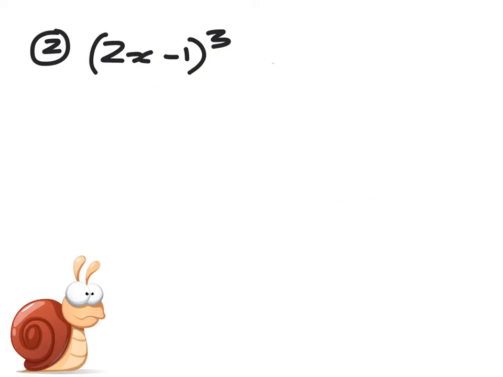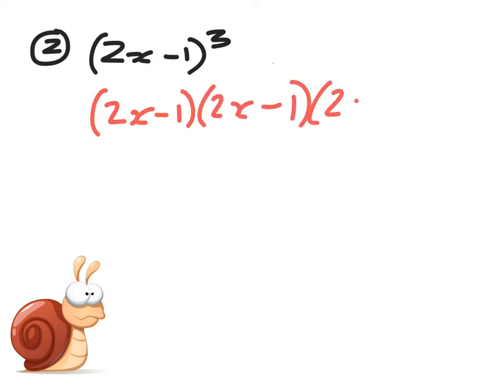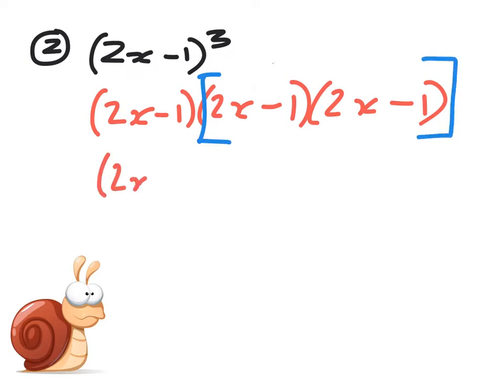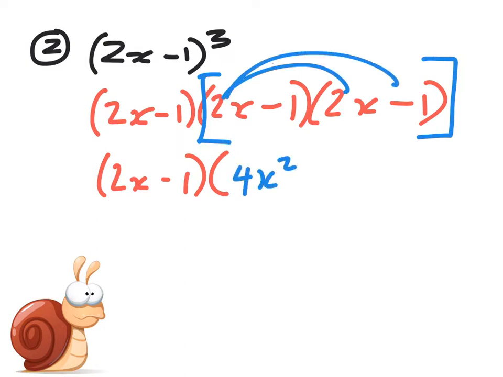Question 2, remove the brackets. So first of all, I'm going to write it out as 2x minus 1 times 2x minus 1 times 2x minus 1, and I'm going to remove this pair first of all. Okay, so I'm keeping the first one as it is, 2x minus 1, and then I'm going to go 2x times 2x, 4x squared, 2x times -1, -1 times 2x, -1 times -1, to get a few more things in here.